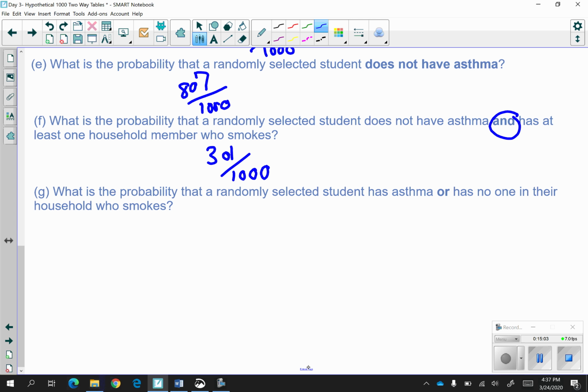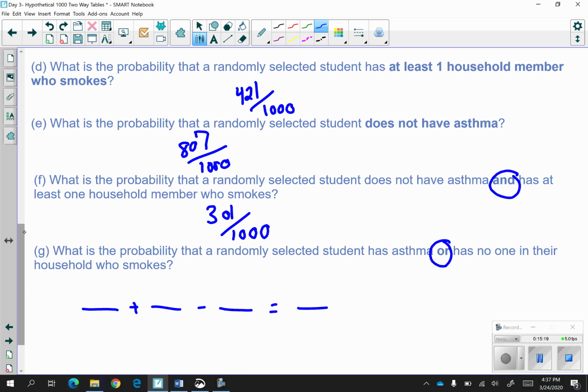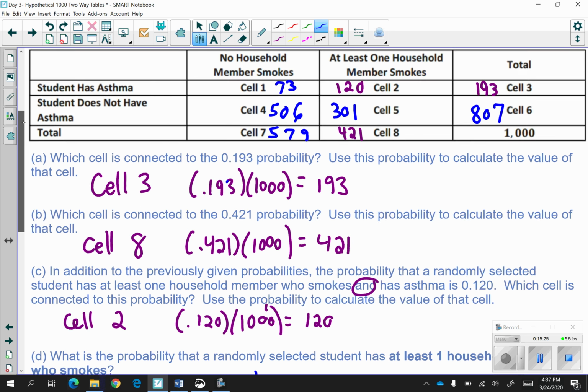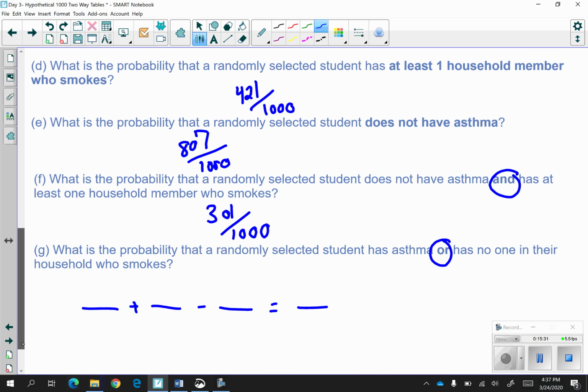And then the last one, the probability of having asthma or has no one in their household who smokes. Well, we have the probability of having asthma, which is going to be 193 out of 1,000.